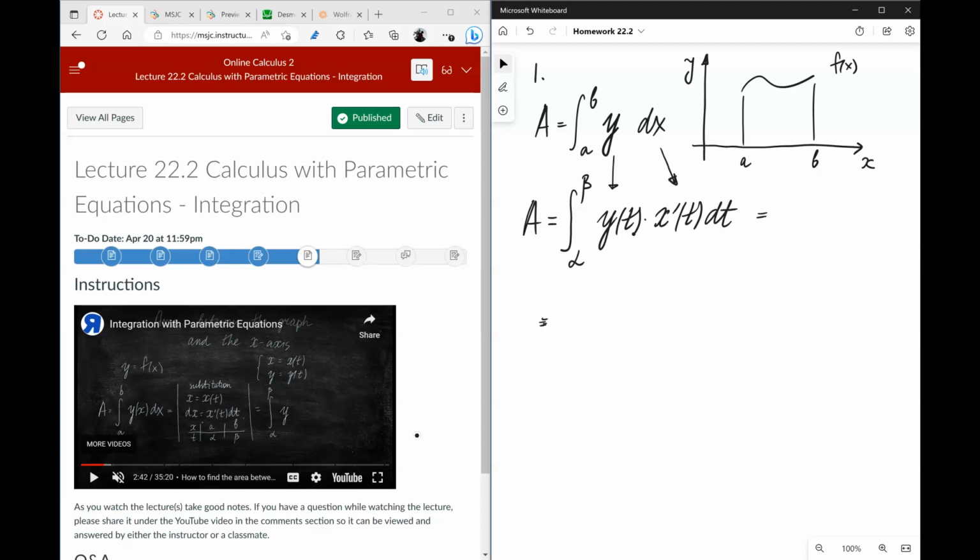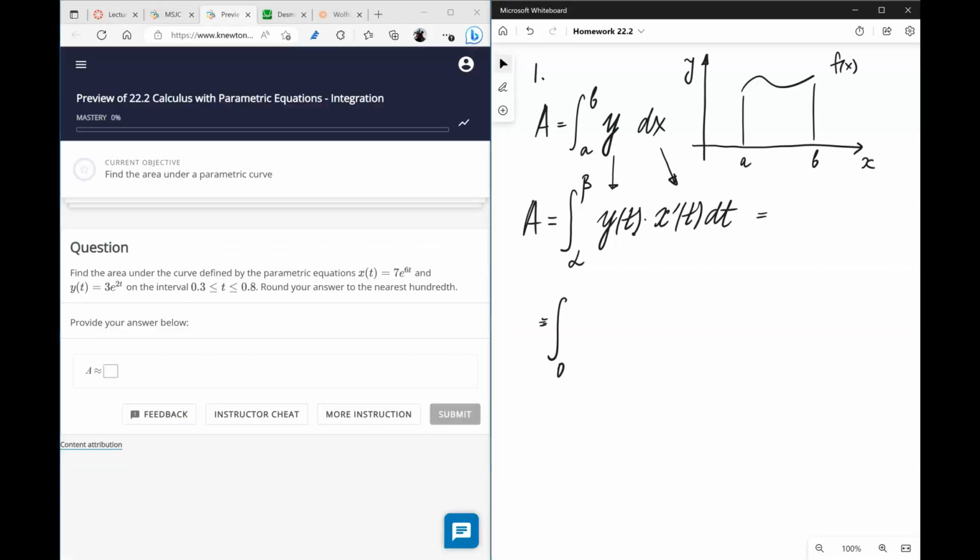And in our case, the limits of integral are from 0.3 to 0.8, and y of t is 3 e to the power 2t, and x prime is 42 e to the power 6t dt.